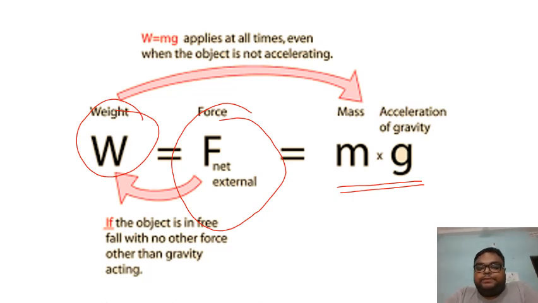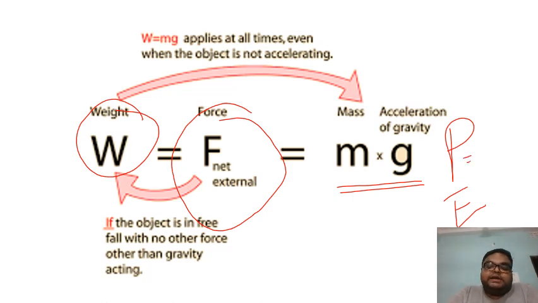Now let's take an example. Suppose in which case weight will be more, at the poles or at the equator? Tell me students. So at the poles, let's write it as mass times gravity at the poles, and for the equator, mass times gravity at the equator, right?